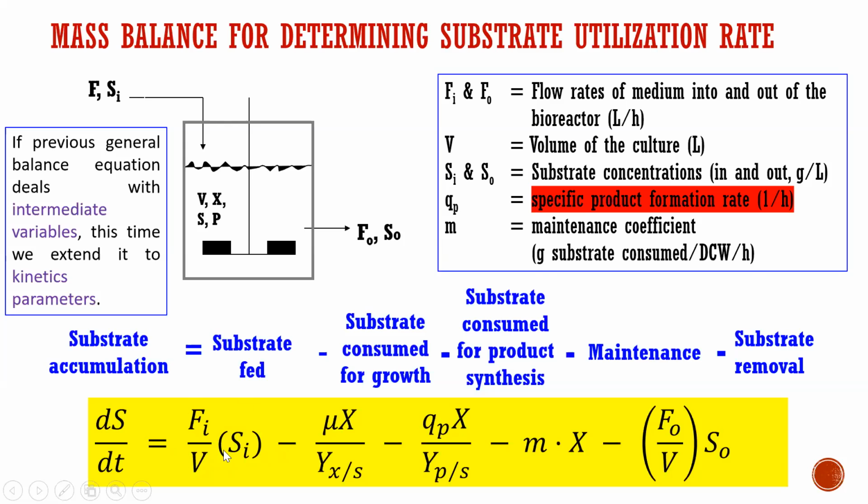So the trick is, you have to check the unit for this. And the unit for each of these fractions is similar to here. For example, here dS over dt is going to be gram substrate per liter per hour, right? And this fraction should give you the same unit.